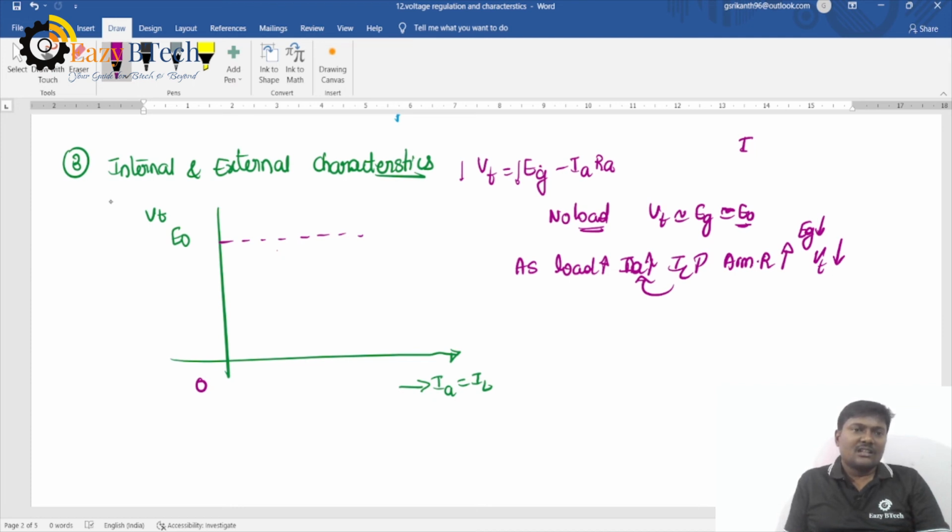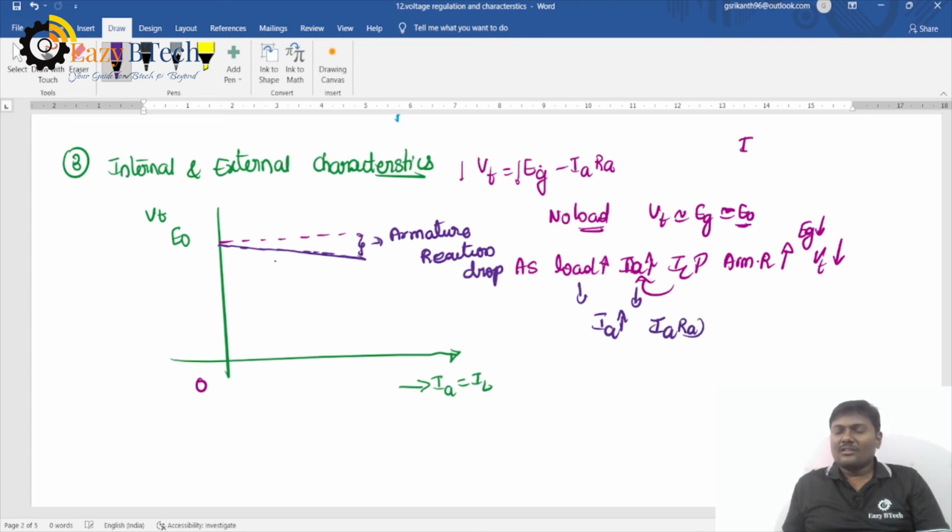If you draw the curve between these two, the terminal voltage will decrease like this. This drop is called the armature reaction drop. Still, if IA increases, the RA drop also increases, then the terminal voltage will decrease.